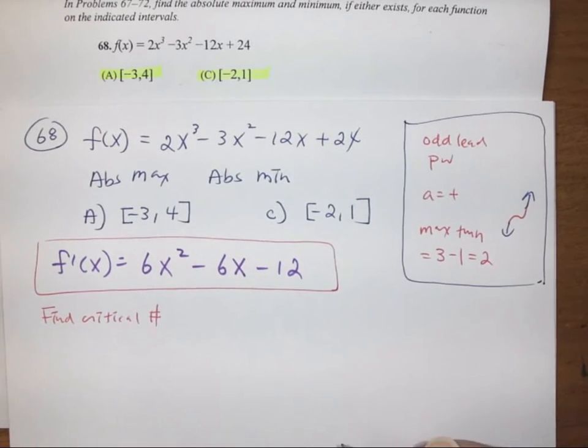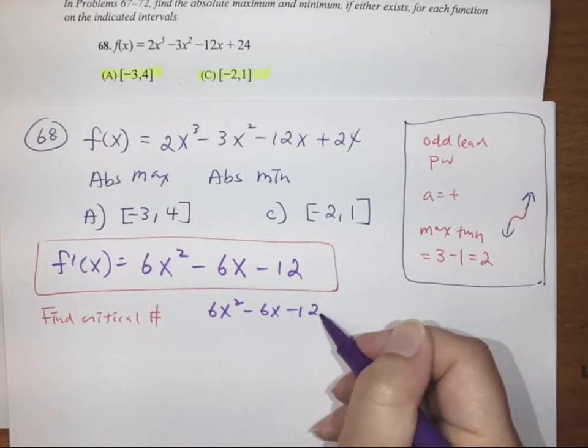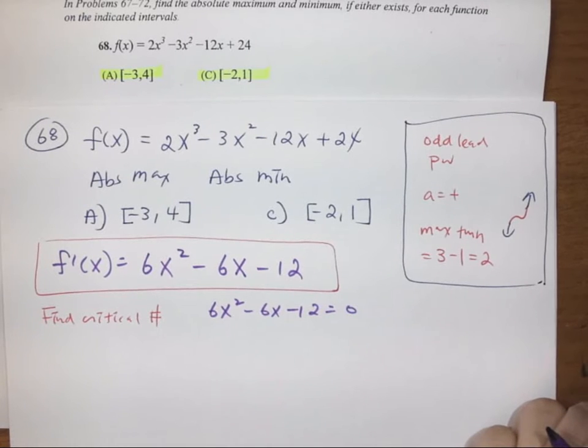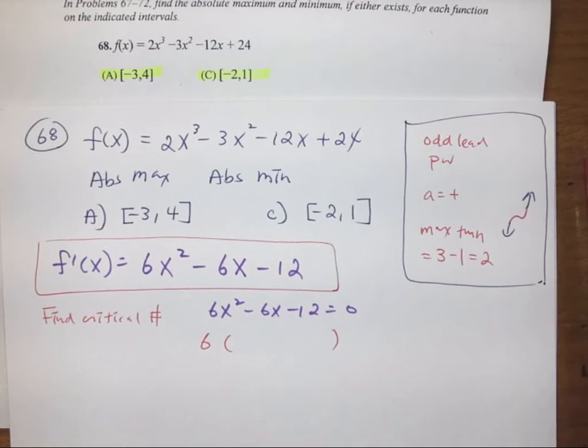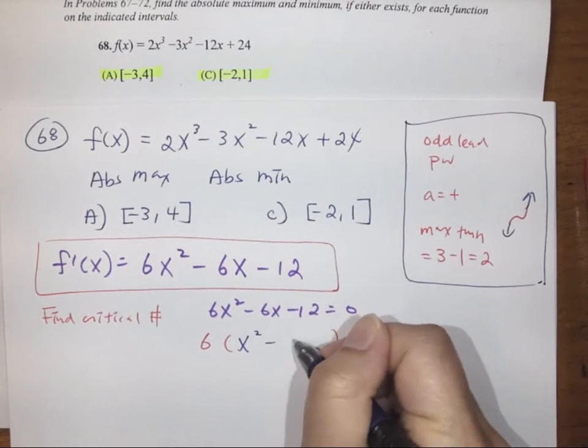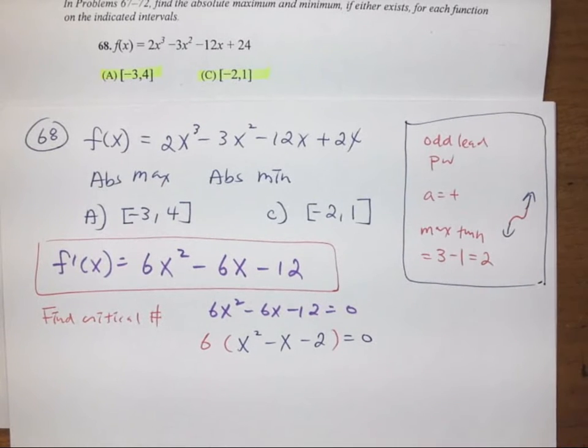So to find the critical number, we set that equal to 0: 6x squared minus 6x minus 12 equals 0. It looks like I can divide everything by 6, or you can pull the 6 out, either way. Pull the 6 out and we have x squared minus x minus 2 equals 0.